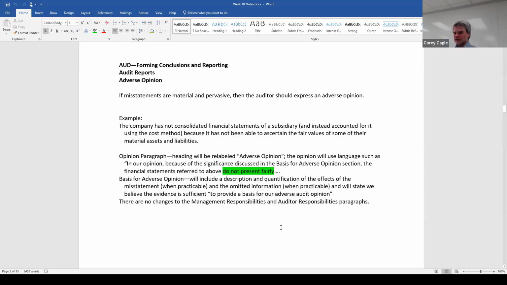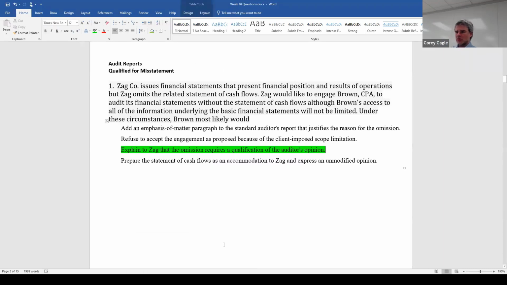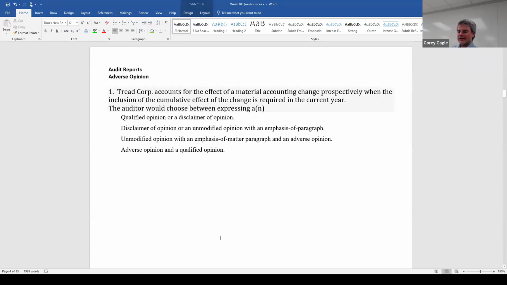So what questions have we here? We have one of them. Tread Corporation accounts for the effect of a material accounting change prospectively when the inclusion of the cumulative effect of the change is required. Now, in the audit test, you don't really have to know what that means. You just have to be able to say, oh, they departed from GAAP, right? They accounted for it this way when they should have done it that way.